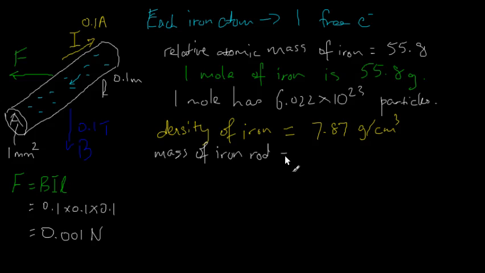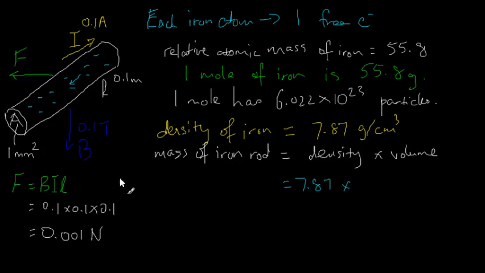The mass will be equal to the density of the rod times the volume. The density we know is 7.87, and the volume is the cross-sectional area times the length.